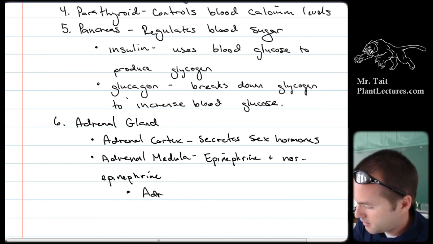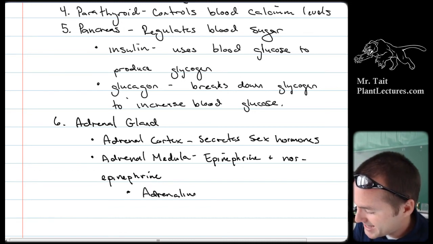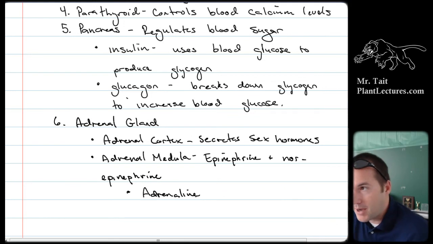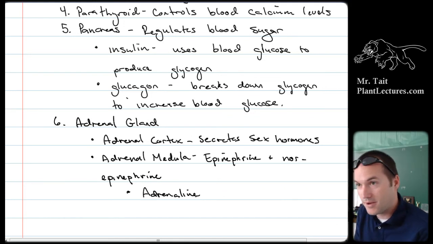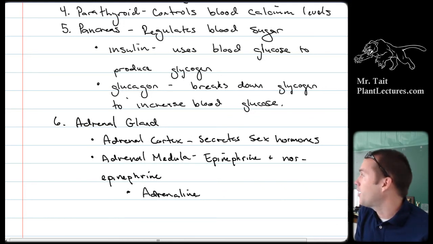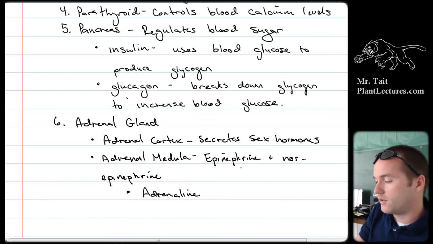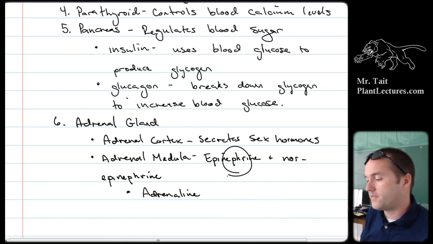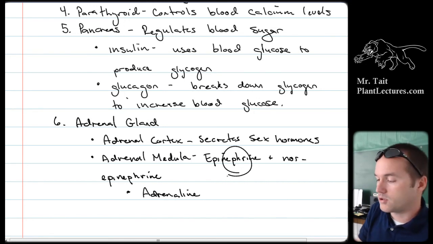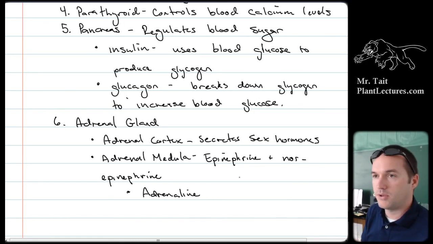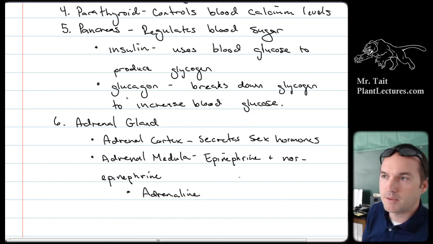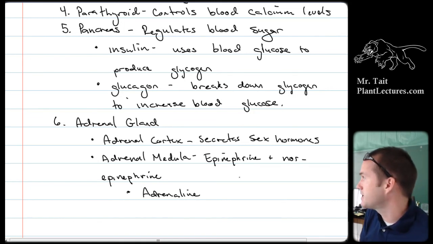Adrenaline. Which makes sense because adrenaline is secreted by the adrenal glands, right? Adrenaline, adrenal. And then the epinephrine thing is also interesting because this word in the middle there, the nephron, is the functional unit of the kidney. So again, this is alluding to the fact that it's being produced by something that's by the kidneys, right?